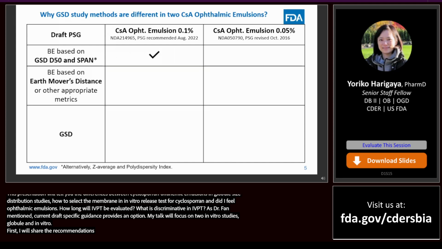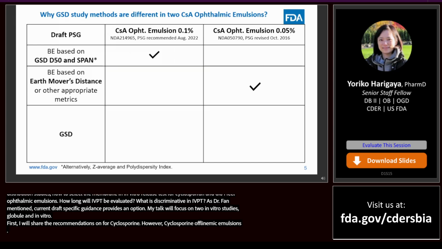For cyclosporine ophthalmic emulsion 0.1%, the PSG recommends evaluation of D50 and span to demonstrate bioequivalence. However, for cyclosporine ophthalmic emulsion 0.05%, the PSG states D50 and span may not be sufficient and recommends evaluation of Earth mover's distance or other suitable metrics.